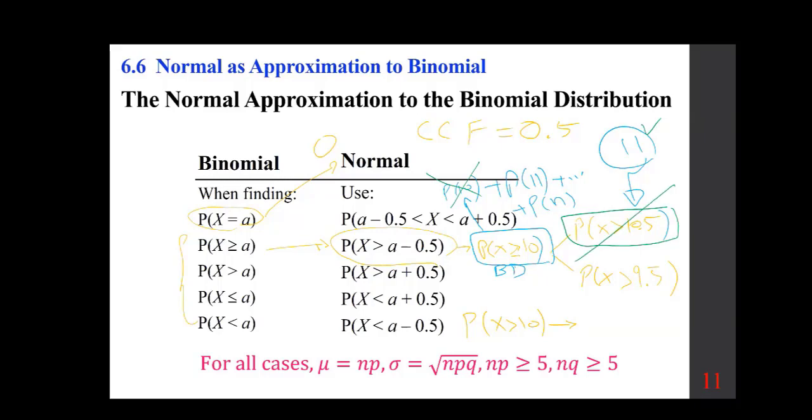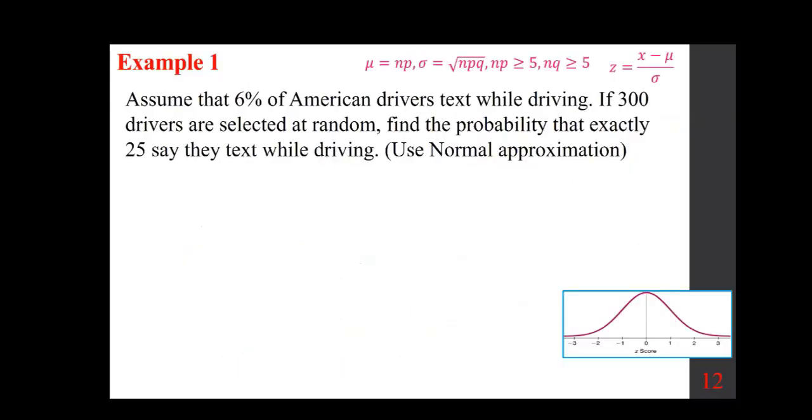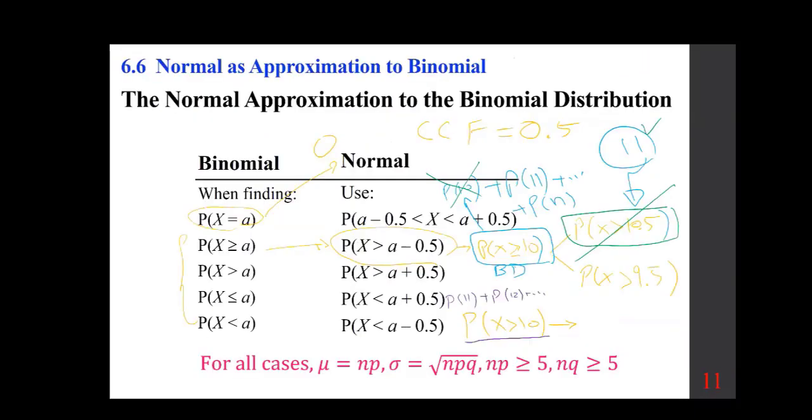Now let's look at the next one. What is the meaning of probability of x larger than 10? This is a binomial distribution. This means probability of x equals 11, x equals 12, and it continues indefinitely, which means the first discrete number is 11. So if I said probability of x larger than 9.5 here, it will not work.